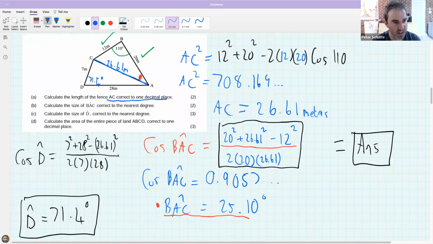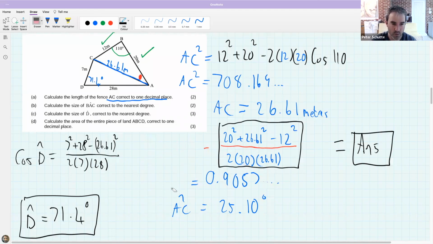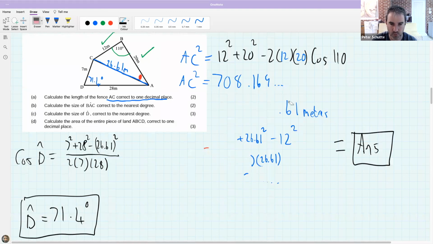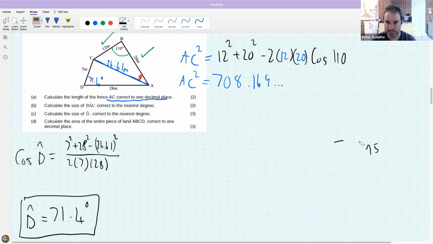And then we are going to use the area rule to find the size of each of these triangles and then add them together. So over to you guys. Find me the area of the entire piece of land A, B, C, D. And then I think we've had a good solid lesson where we've definitely used combinations of rules throughout the lesson. And we've even looked at some past exam questions like this one.